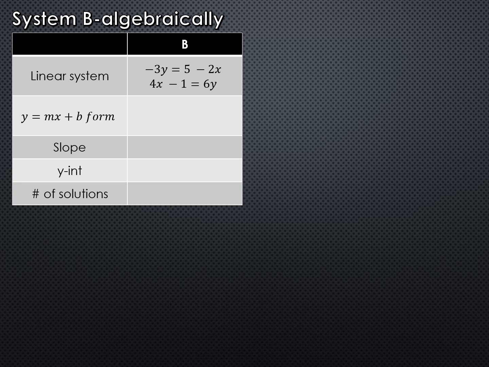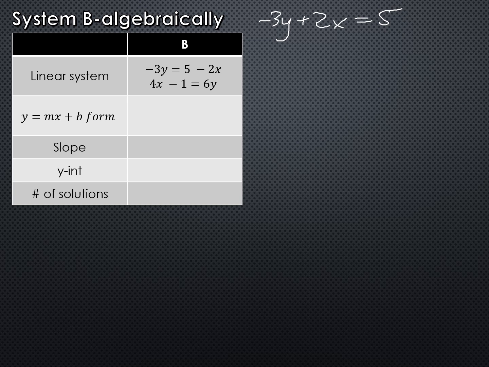Algebraically, if we look at both those systems, they're not set up nicely for substitution, so maybe let's appease the people that prefer elimination, and let's do elimination. So let's write them like, negative 3y, when I bring the negative 2x over, it becomes positive 2x equals 5.